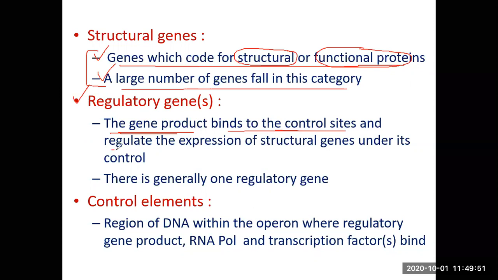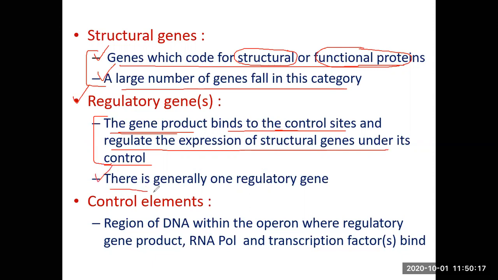And what does it do? It regulates the expression of structural genes under its control, and therefore the name regulatory gene. So this gene is responsible for regulating the expression of structural genes under its control, by expressing a regulatory protein, right?